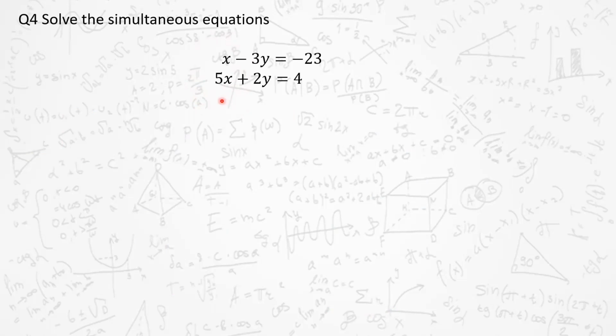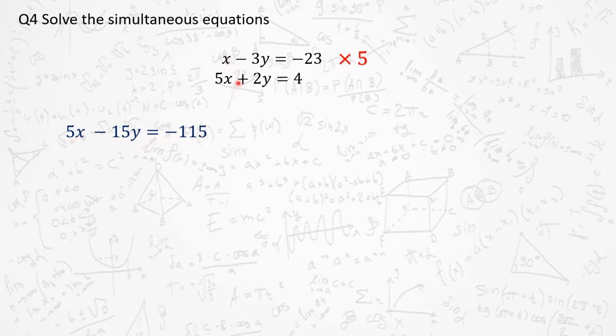If I times the top equation by 5, I would have a 5x, then I will have the x terms the same. When you times by 5, every single term in the top equation needs to be timed by 5. So I would have 5x minus 15y equals minus 115.